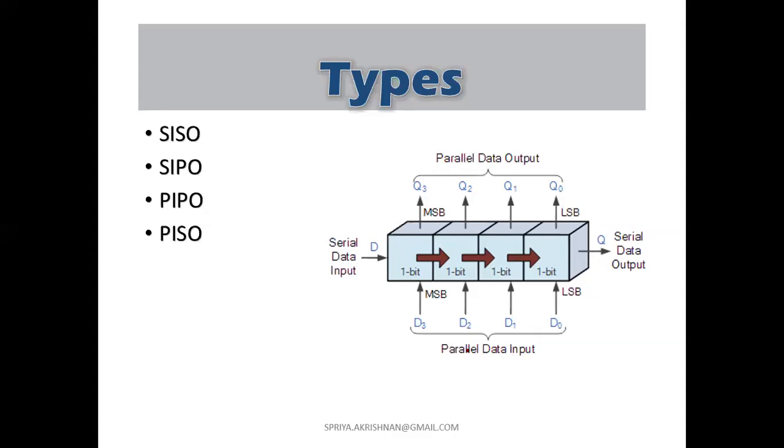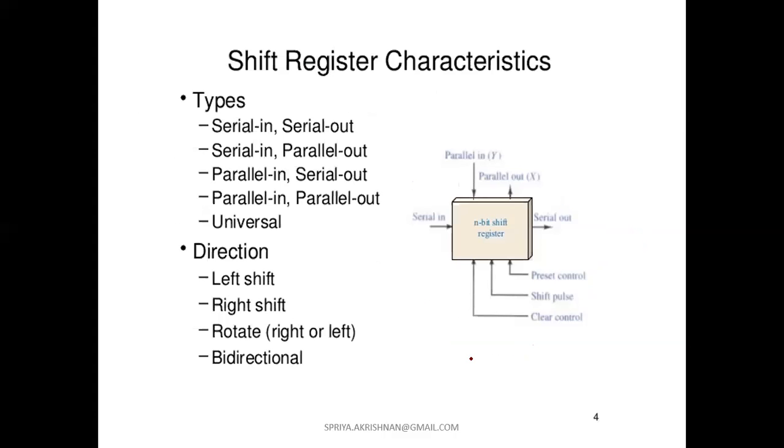Similarly, you can apply the data in parallel and take out the data in parallel also. The same thing is expanded here: serial in, serial out, parallel in, parallel out, serial in, parallel out.